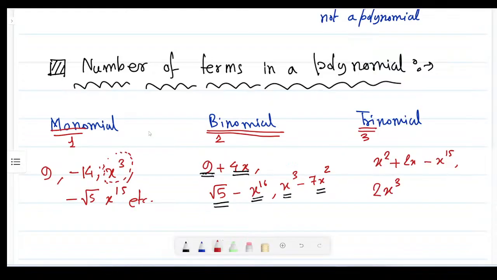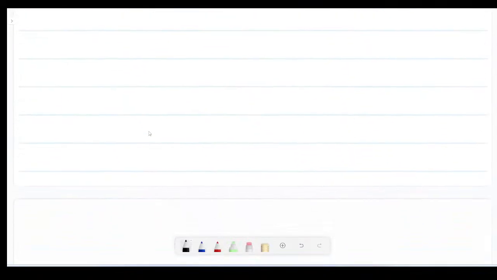It's your freedom to make more examples like this. Just mind it, you have to take only three terms separated by plus or minus, because each part is called a term in an algebraic expression, separated by plus and minus. We have learned it earlier.